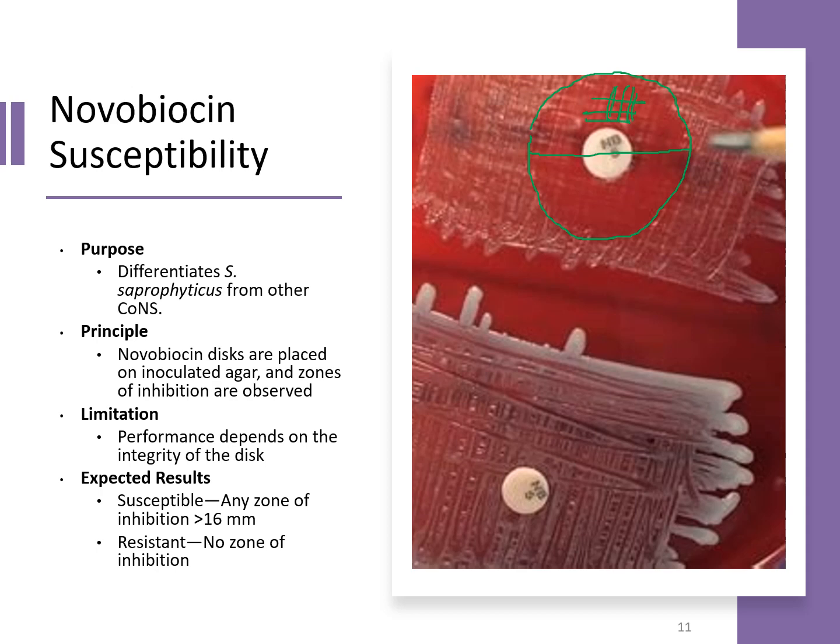That's not actual growth, so you can see the more cloudy edges where that organism is actually growing. So if you measure from one side to the other with that growth pattern, greater than 16 millimeters is considered susceptible or sensitive. And then if you have growth all the way up to the disc, then that is resistant.